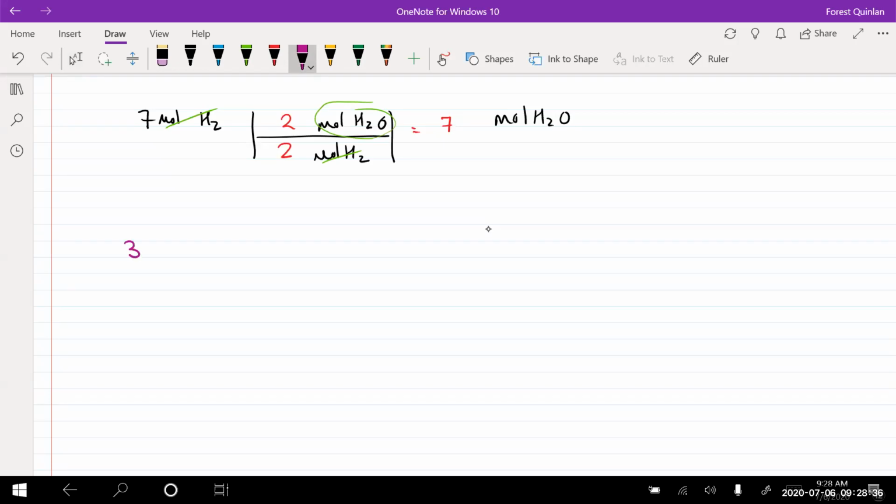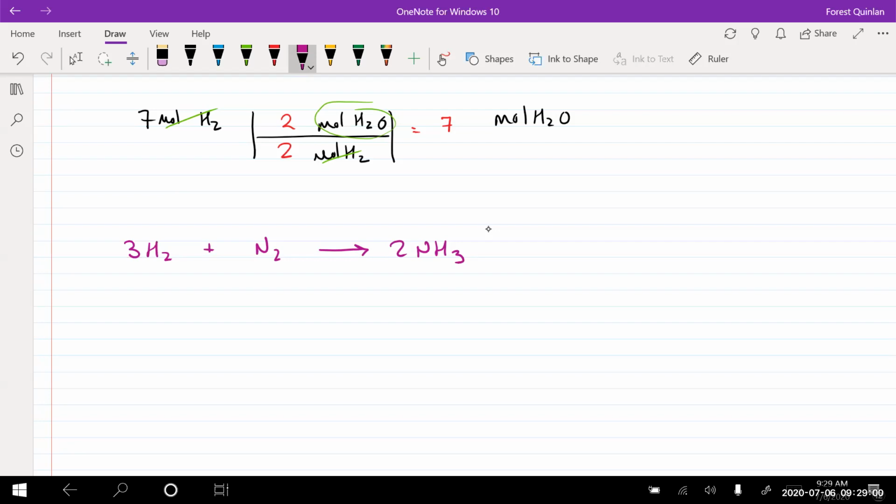What if I have 3 hydrogens plus a nitrogen goes to make 2 ammonias? I'm going to pick a random number, so I'm going to have to do some calculations on the side. So slow us down, that's fine. We need to get slowed down here.